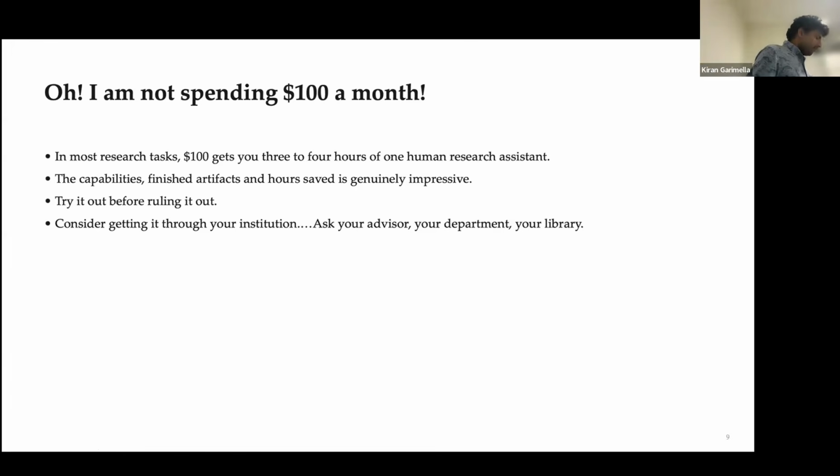In most of our tasks, at least in the US, if I want something done by a human, $100 is like 3 to 4 hours of human effort, right? If I hire someone, this is the way I look at it. But the capabilities, the types of stuff you can get, and the amount of hours that are saved are genuinely impressive.